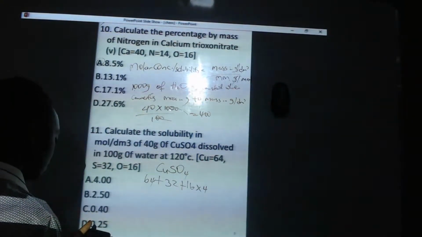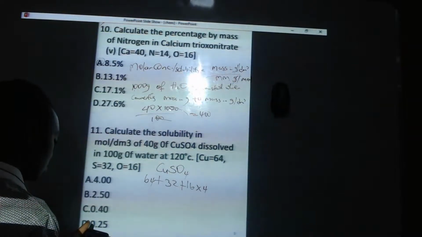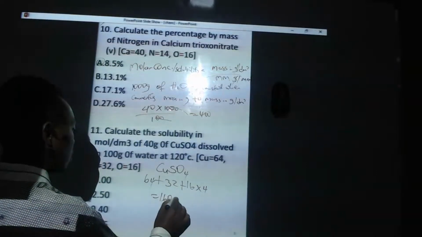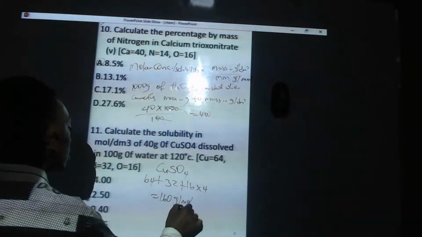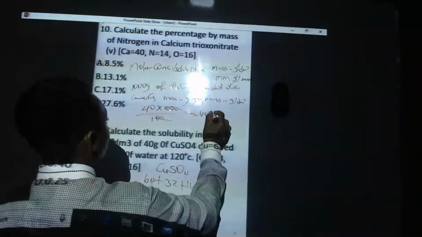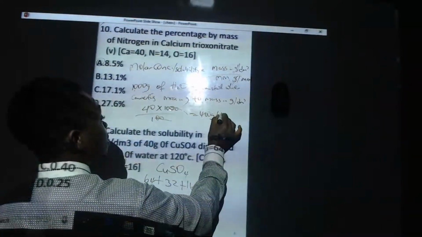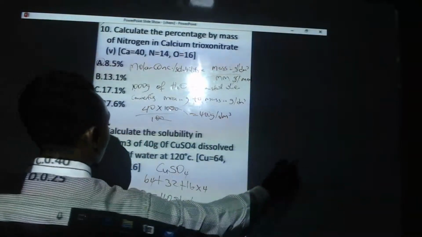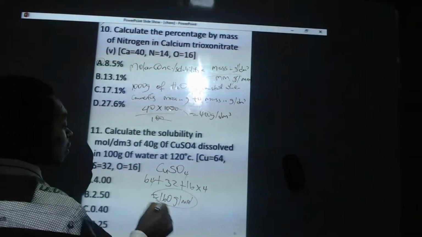So that is 64 plus 32 plus 64 again. So your molar mass here is 160 gram per mole.